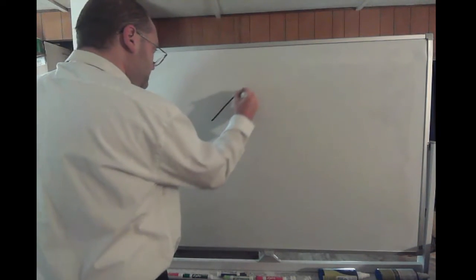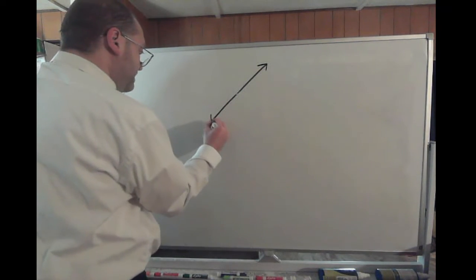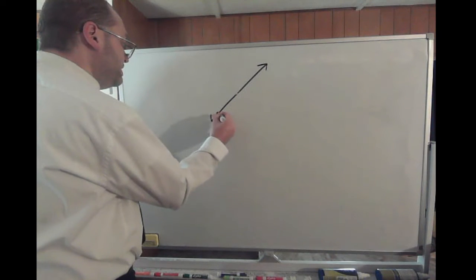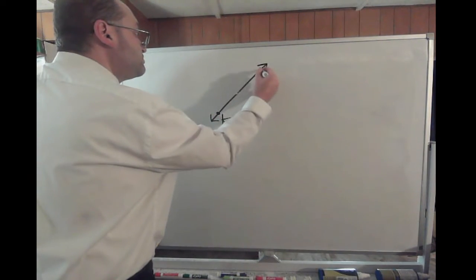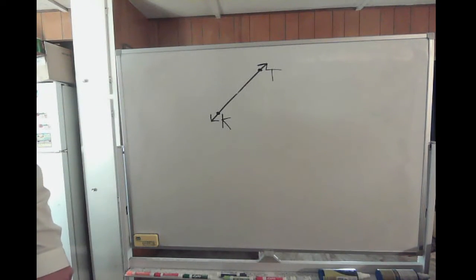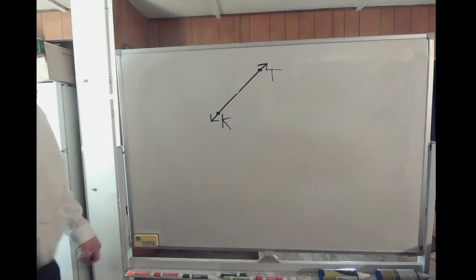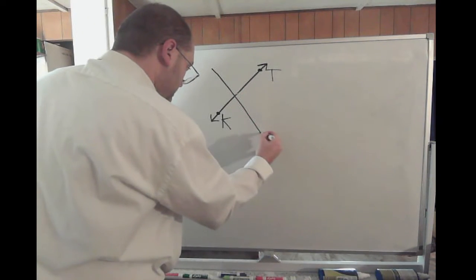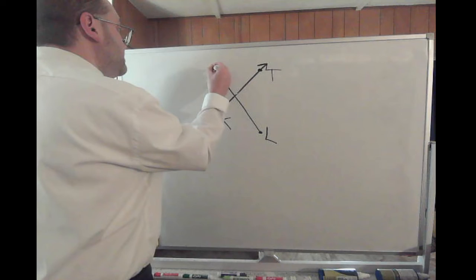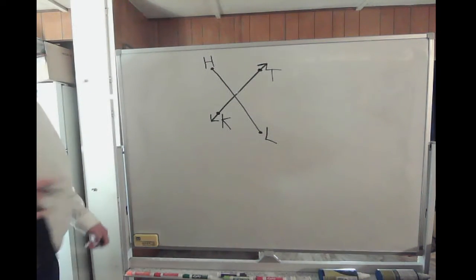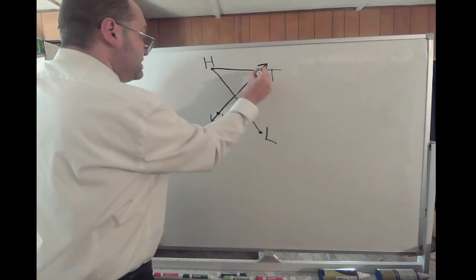Okay, let's see here. What do we got here? We have line KT. So this is going to be an interesting diagram. Then through here we just have line segment HL. And to top it off, H and T are connected.